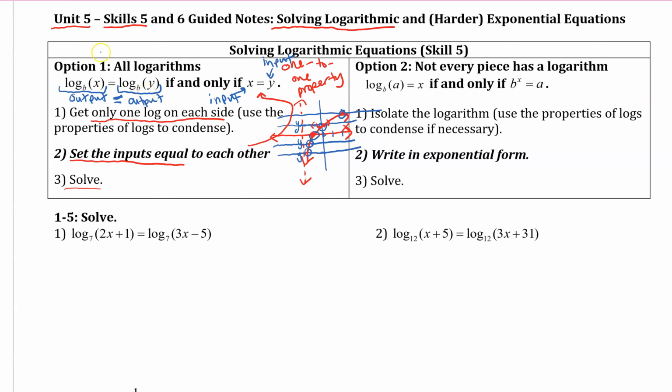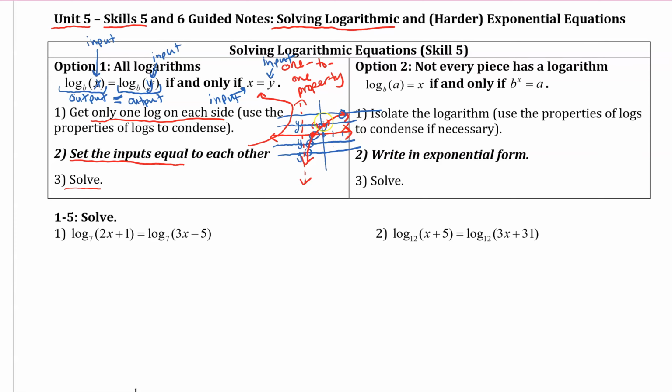This is one input over here. This is a seemingly different input, right? Because one's x and one's y. But actually, if the outputs are the same, then the inputs have to be the same. Why? Because the log function is a one-to-one function. There's only one output for each input and only one unique input for each output.